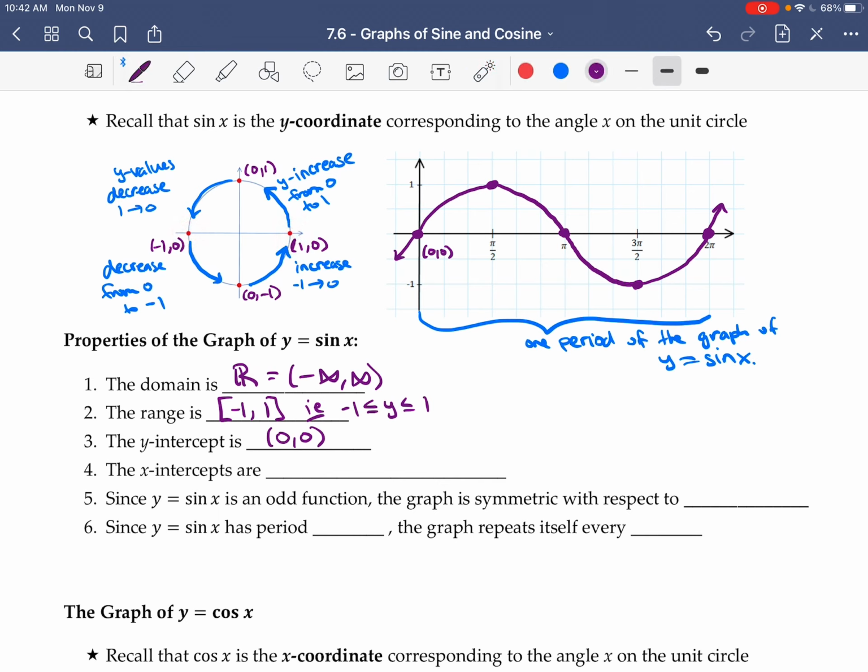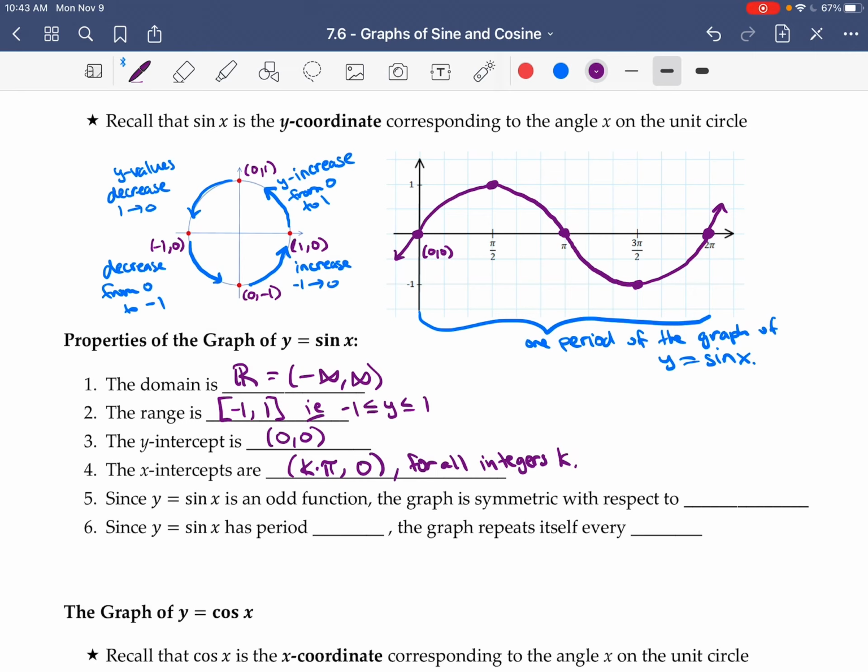So what we could write is, let's say k times pi is the x-coordinate, and the y-coordinate would be 0, and this is for all integers. So if k is 2, I get 2 pi, 0. If k is 5, I get 5 pi and 0.